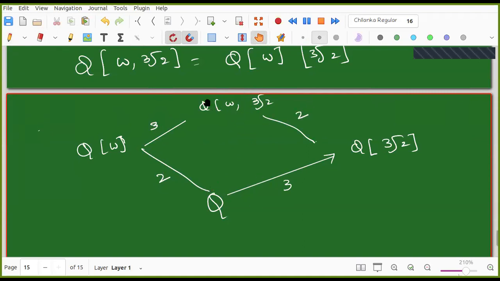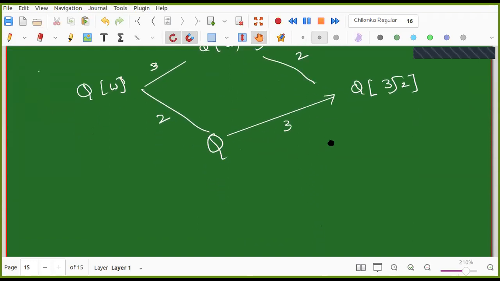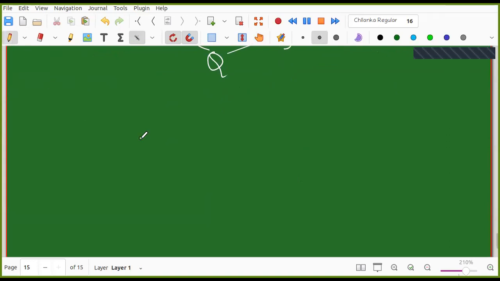And this is a splitting field. It contains all the roots of x³ - 2. So that is the part so far. Splitting field means now I am taking this.